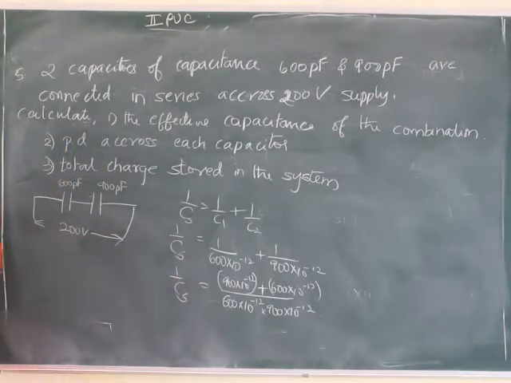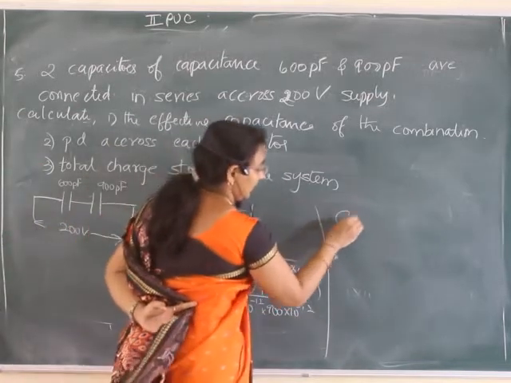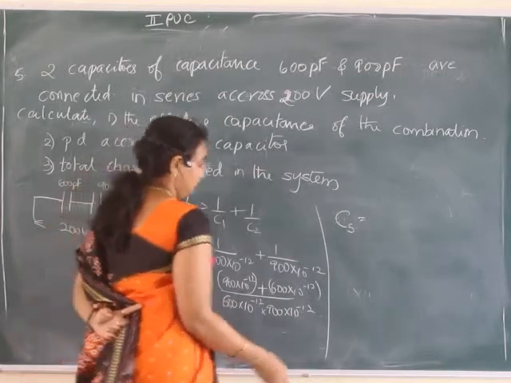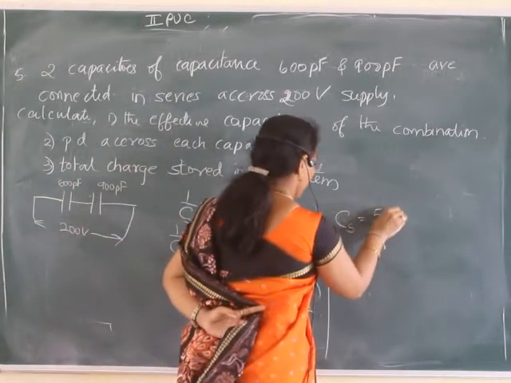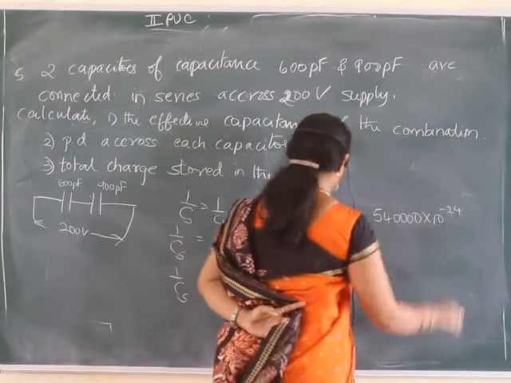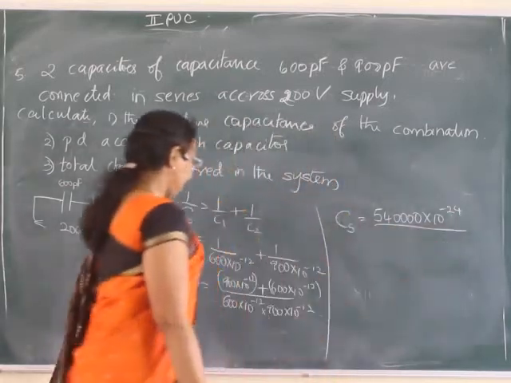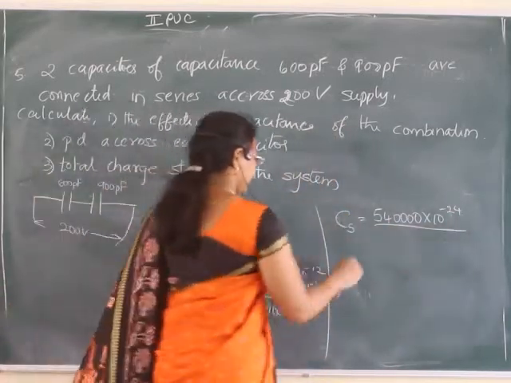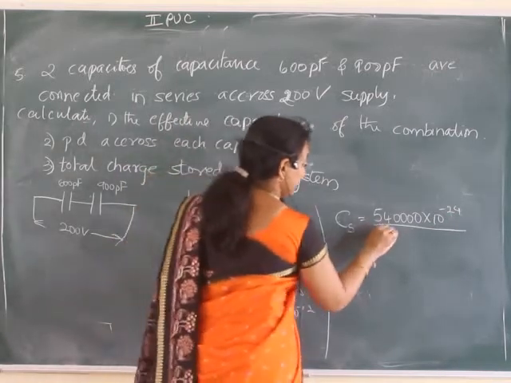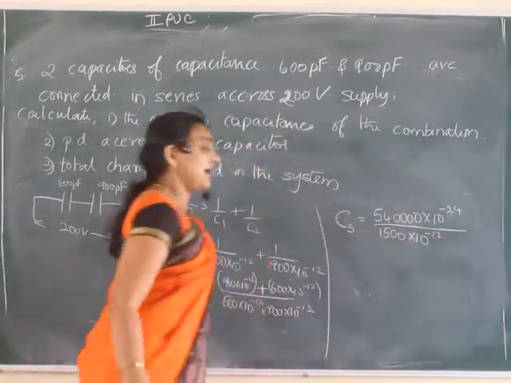We want Cs. So how can we solve for Cs? Can I say Cs is equal to 600 into 900? What is the answer? 540,000, into 10 to the power minus 24, divided by 900 plus 600, which is 1500 into 10 to the power minus 12.